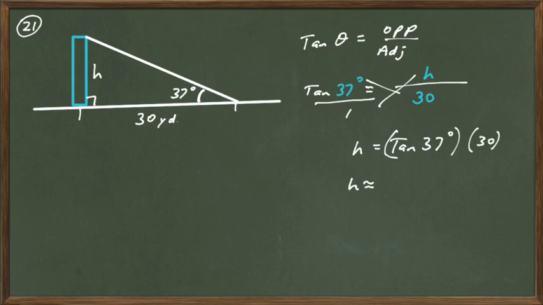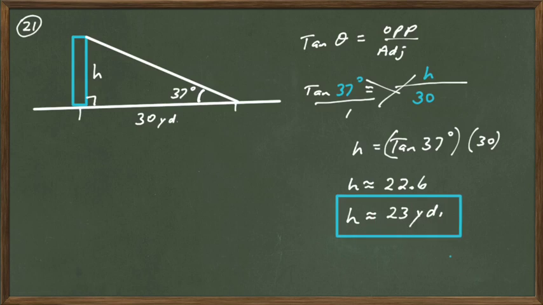And when I punch this in, because I'm in degree mode, 30 times tangent of 37 gives me 22.6, approximately. Now it says to the nearest yard. So their answer is going to be 23 yards tall for that building.